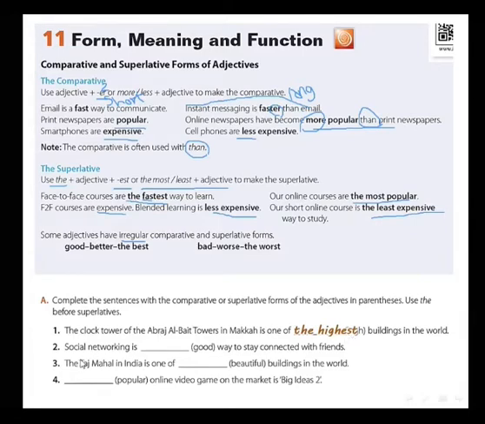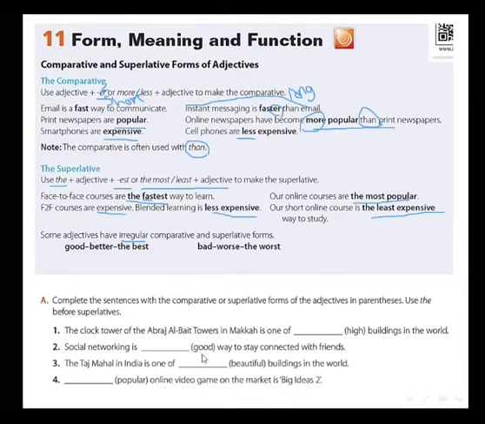Okay. Number 2. Social networking is a good way to stay connected with friends. Here we will compare social networking with all kinds of ways to connect with friends. Excellent.